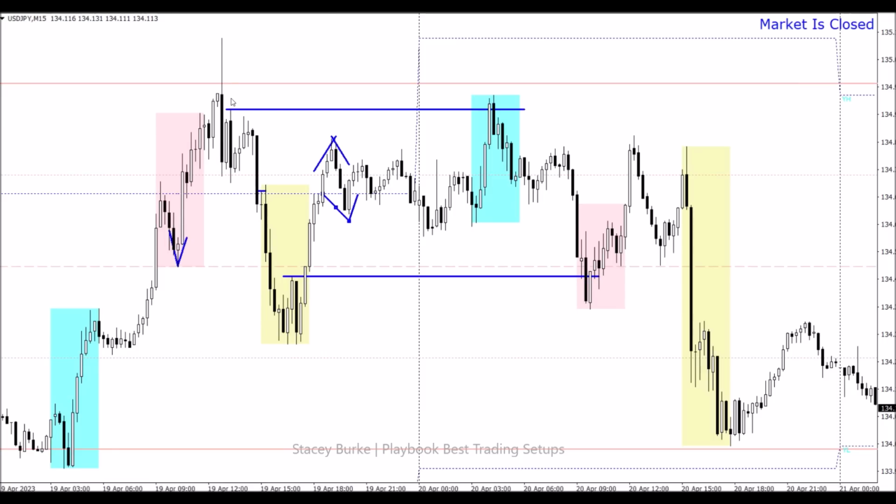So peak formation high in London, peak formation low in the U.S. window, and consolidation sideways before dropping down and making a lower low prior to our Asian session opening. That market auctioned down into that peak formation low at the beginning of our Asian window.